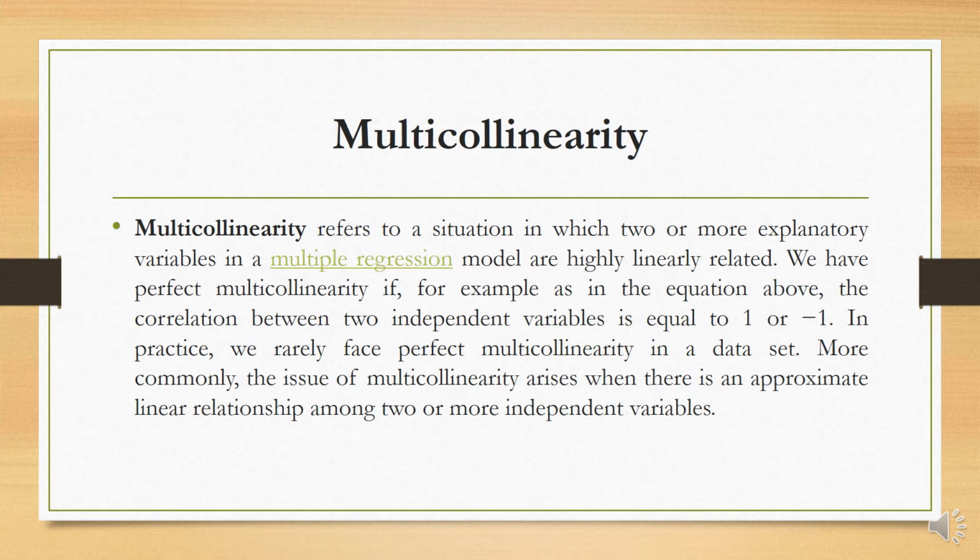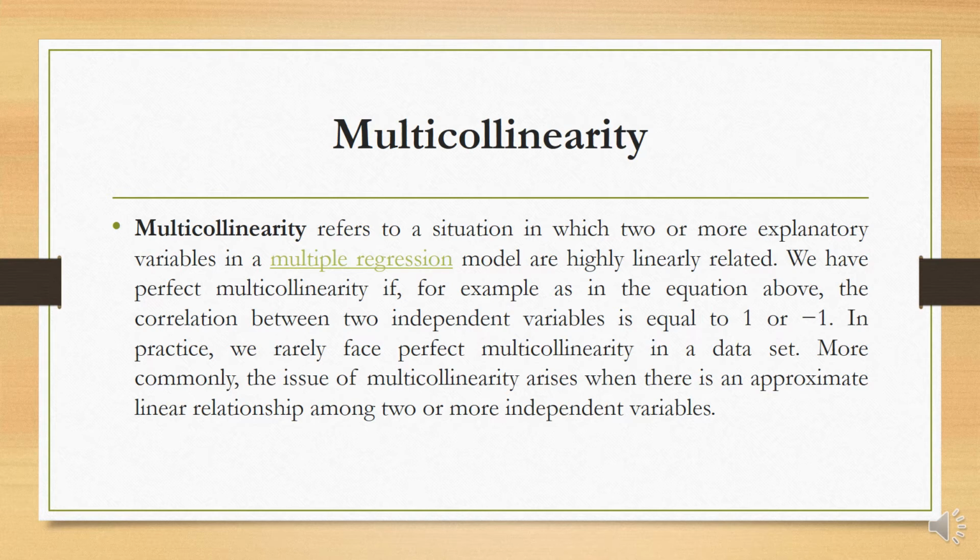Now, what is the multicollinearity? Multicollinearity refers to a situation in which two or more explanatory variables in the multiple regression model are highly linearly related. We have perfect multicollinearity if, for example, the correlation between two independent variables is equal to 1 or minus 1.